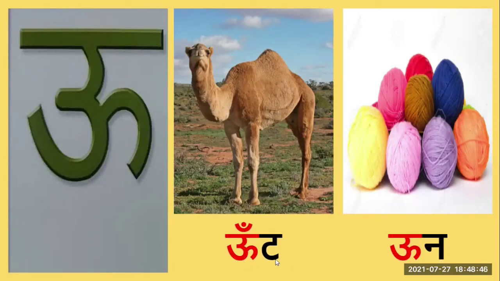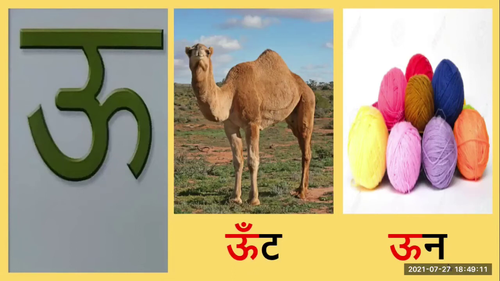Oont means camel. The other word is oon. Oon means wool. This letter is called oo. U se oont. U se oon.